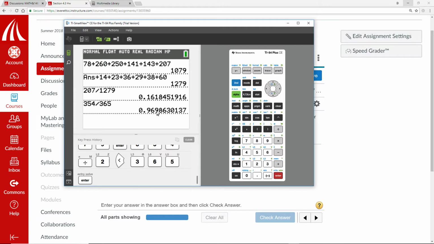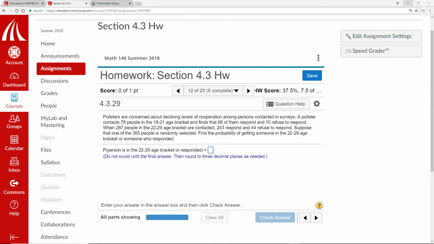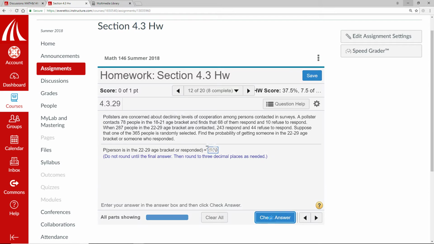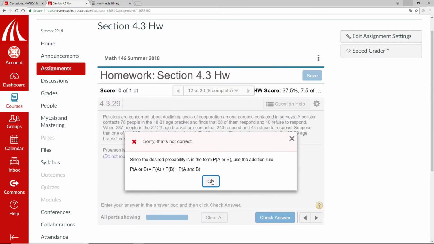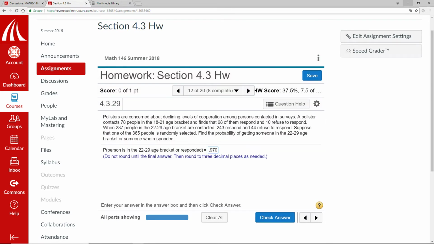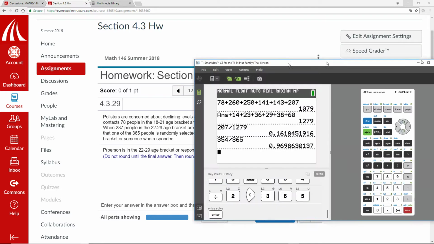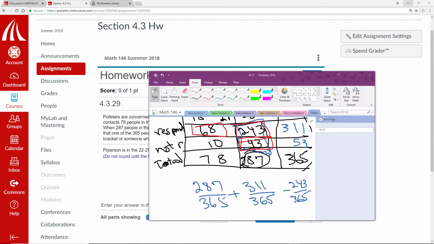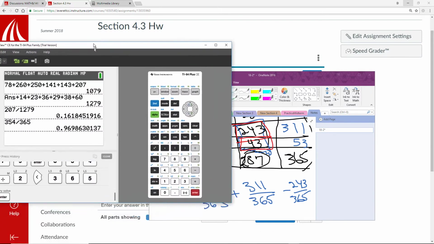Now if I round this off, it's going to be 0.970. Actually, hold on. Let's pull up our chart for a second. And let me do the math with my calculator. Let's make sure we're precise here.